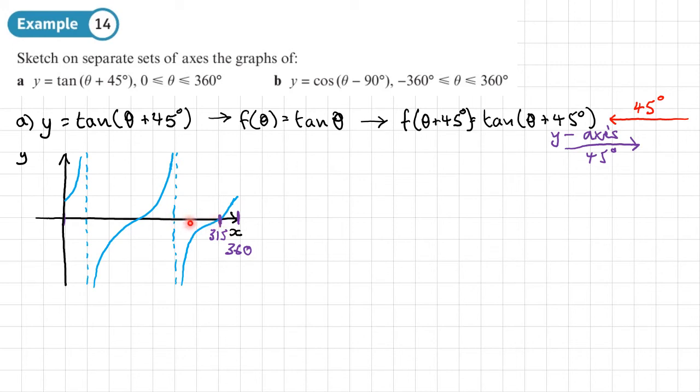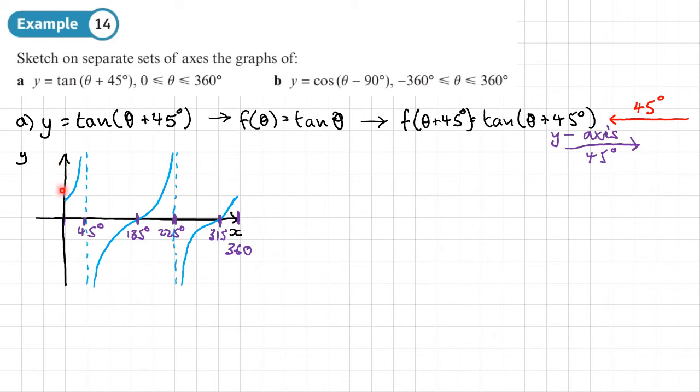So I do 315 take away 90. That's going to give me this asymptote as 225 degrees. From this asymptote to this crossing point is 90 degrees, so I'll take 90 away from 225, and I end up with 135 degrees. Again, 90 degrees taken away from 135 will give me 45 degrees here.